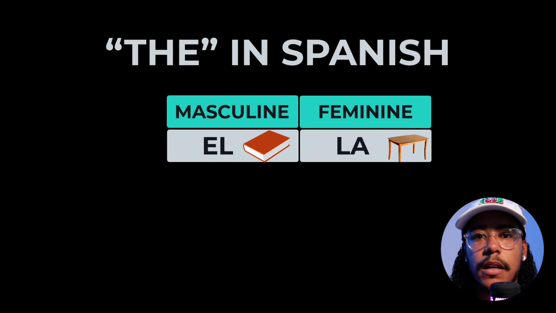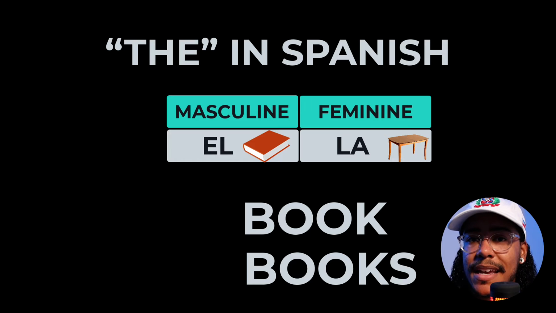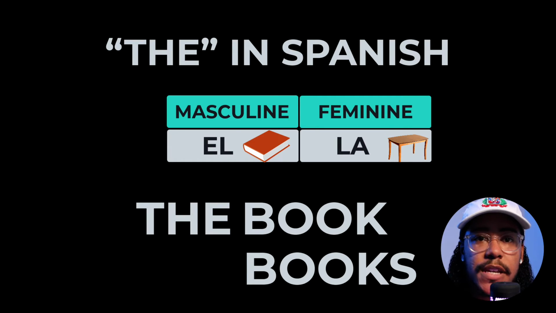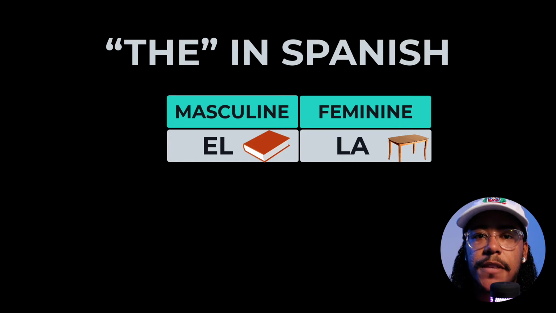mesa. Now, in English, when we're talking about more than one book, then we just add an S onto the end to get books. But the doesn't change. The book, the books. But in Spanish, the also changes to extra clarify that we're talking about more than one thing.